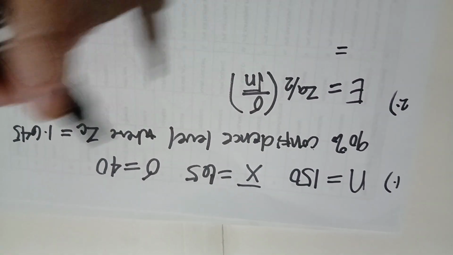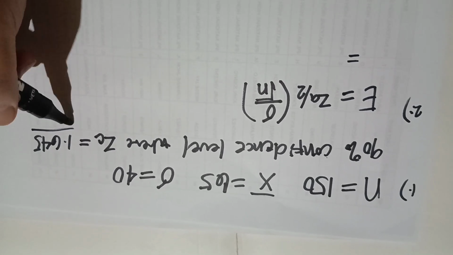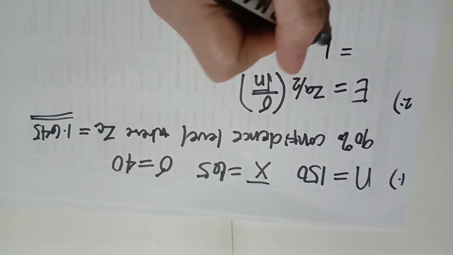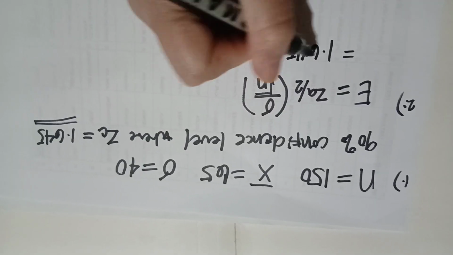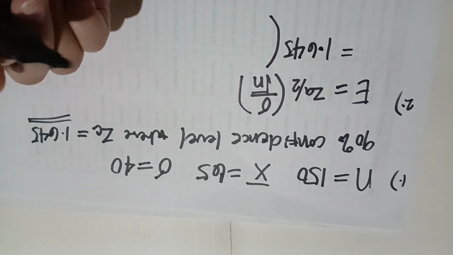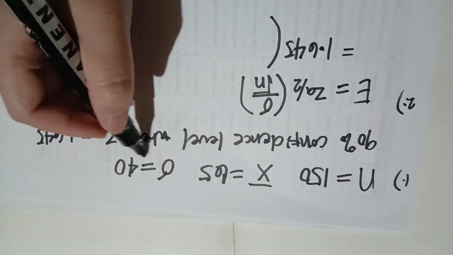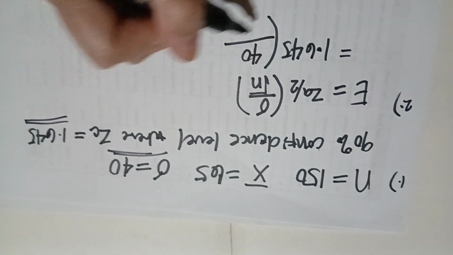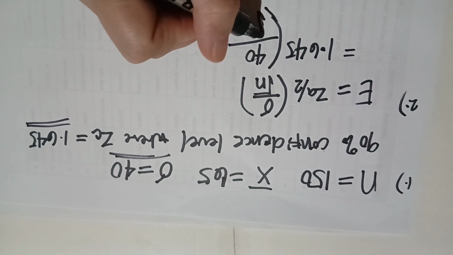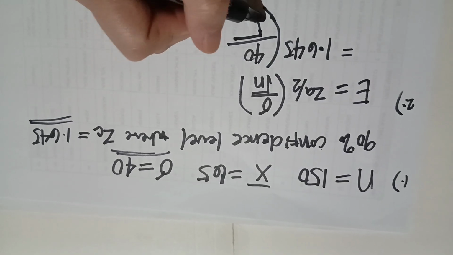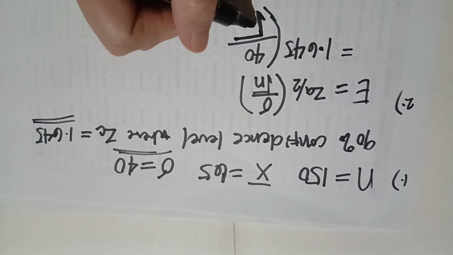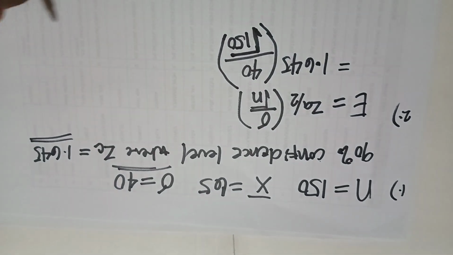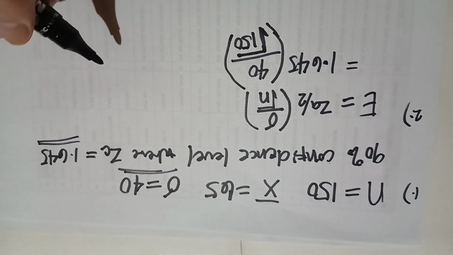First, the coefficient value, 1.645, times the quantity of the population standard deviation, 40, divided by the square root of n, or 150, the sample size. Then perform the operation.